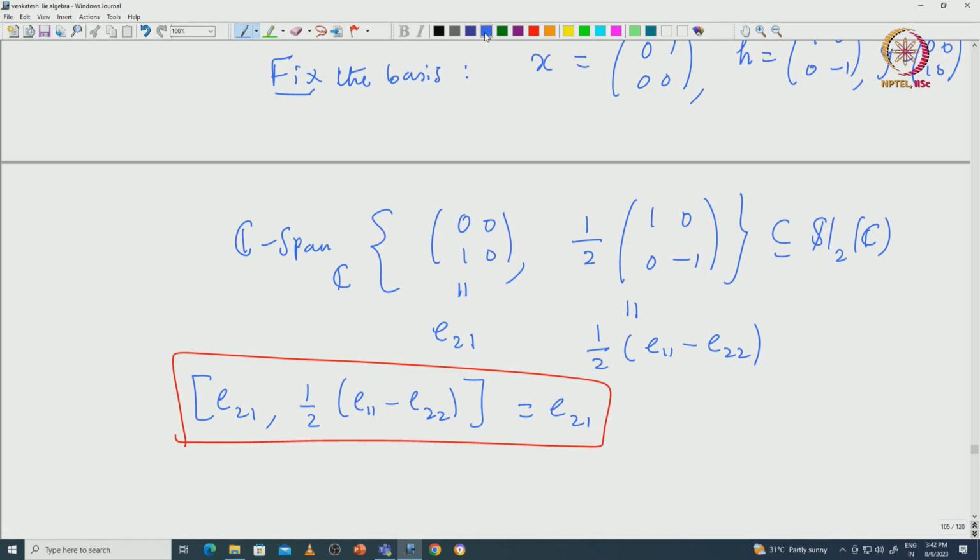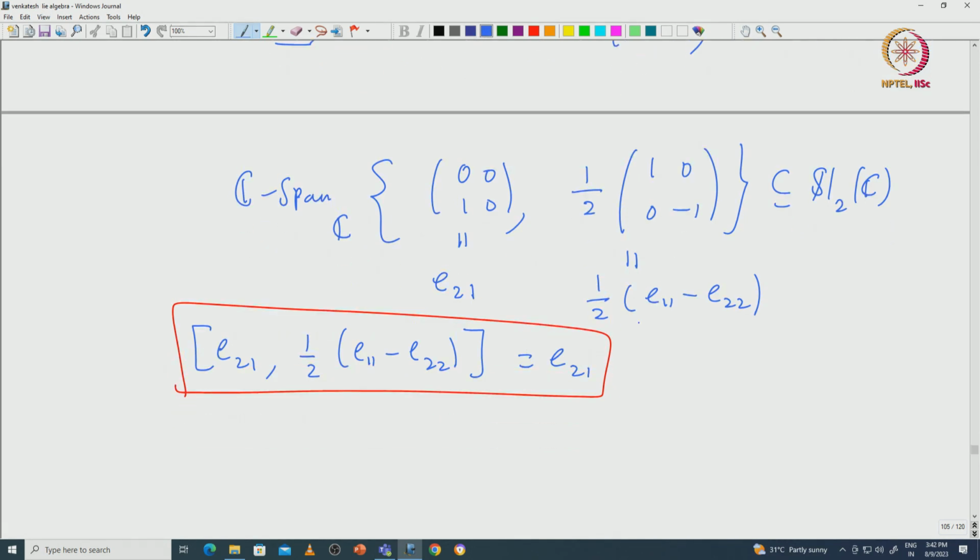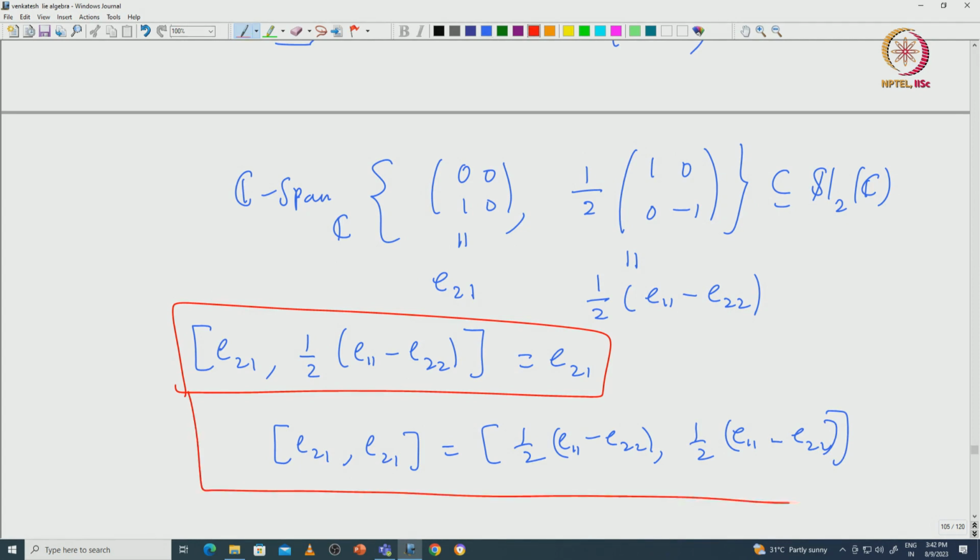So, these are all the Lie brackets on this subalgebra: E21 commutes with itself, H commutes with itself, and when you take the bracket between them you get E21 back.